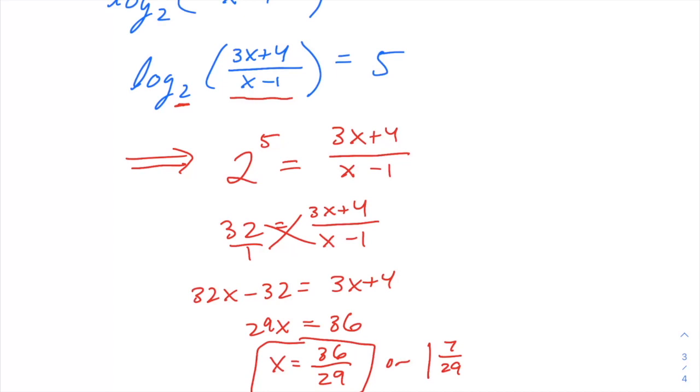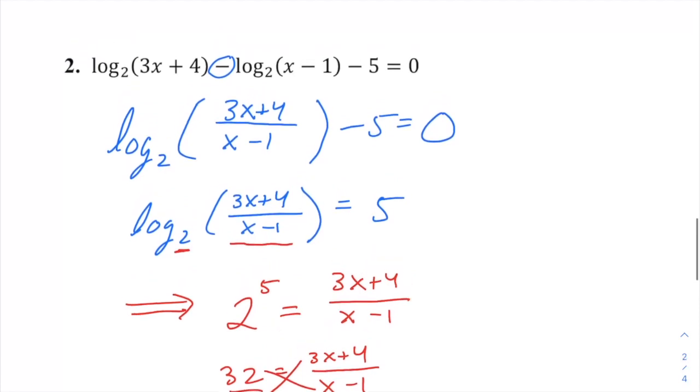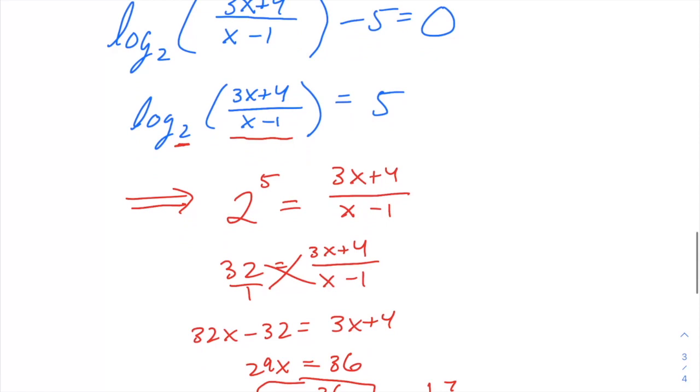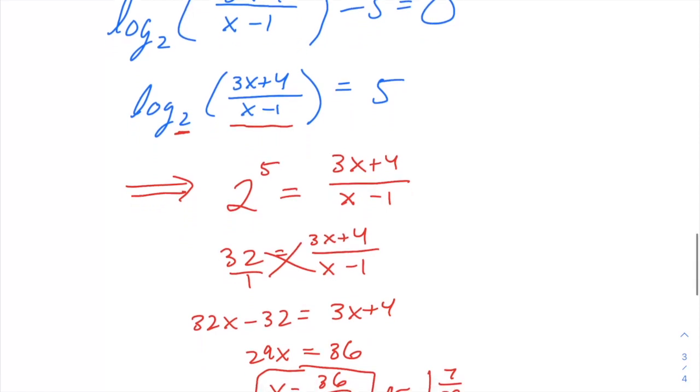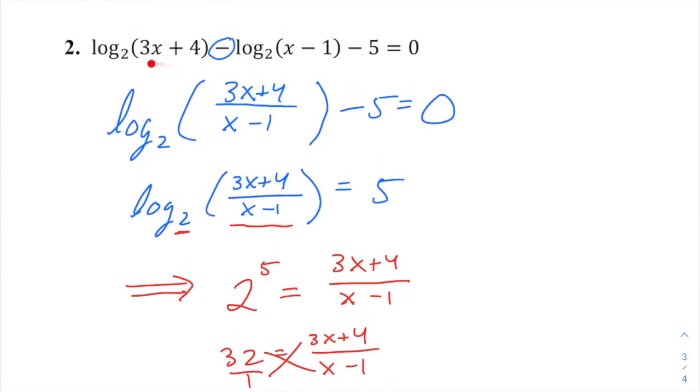But remember, it's still a log problem that has logs in the original equation, so you've got to make sure your domain is satisfied. You've got to make sure this solution is included in the domain. And 36/29, or 1 7/29, or convert it to a decimal if that makes it easier for you. You've got to make sure that if you plug it into the original logs, it doesn't make either one undefined.